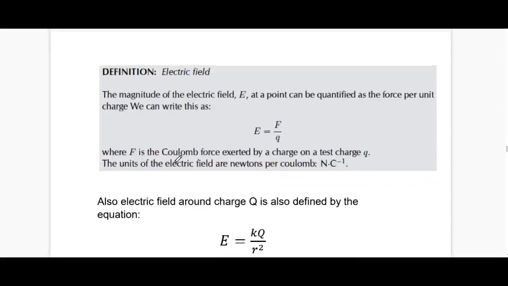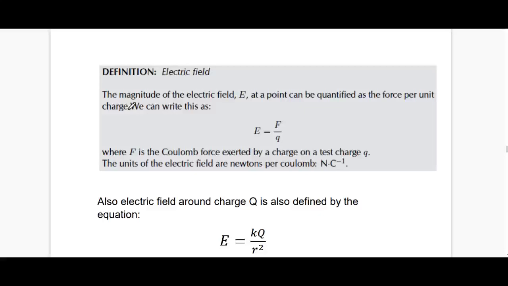the definition is the one that we did at the top. Okay, so it says the magnitude of the electric field E at a point can be quantified as the force per unit charge. Okay, so sometimes in multiple choice they can say force per unit charge.